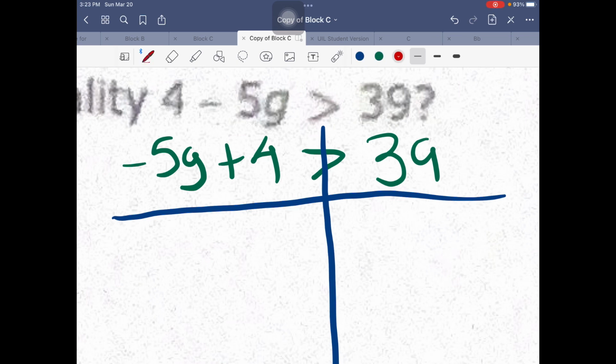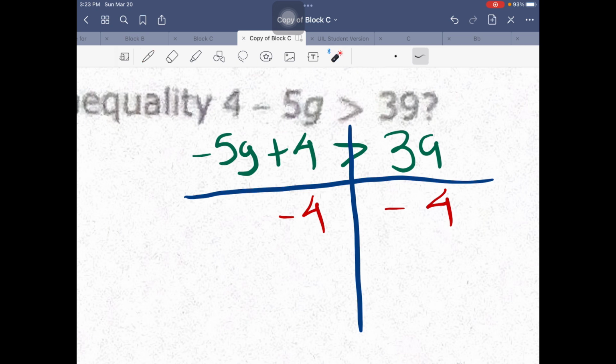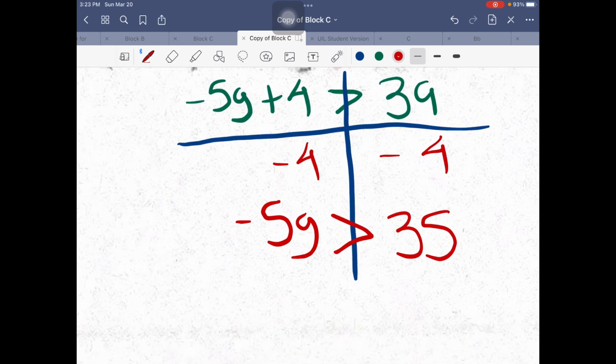It involves adding or subtracting. The inverse operation of adding by 4 is subtracting by 4. But what I do to one side, I have to do where? To the other. Correct. Now, these cancel each other out, but the negative 5g didn't. And then you bring it down. 39 minus 4, that's 35.